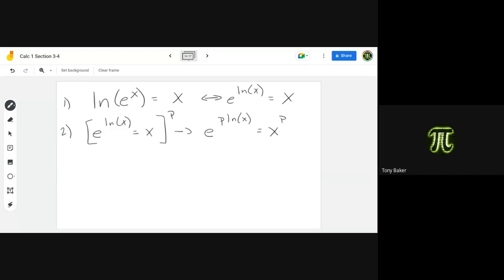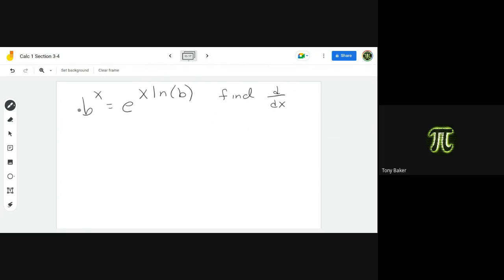No. So if I raise both sides of the equation to some exponent, it's not going to change that problem. So if I raise both sides to p, I have e to the p ln of x equals x to the p. Everybody agree with that statement? Okay. Good.